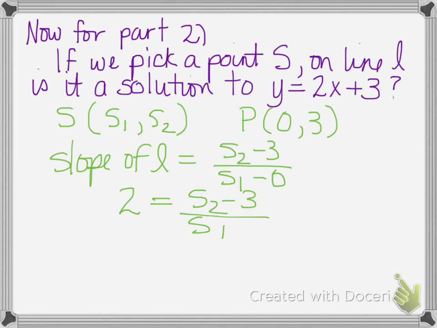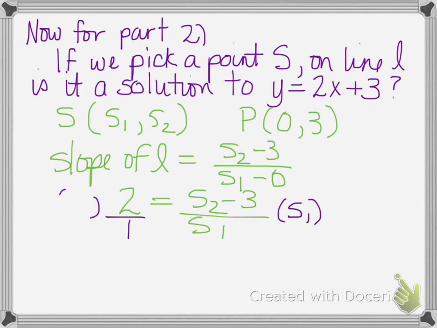Okay, and then if we cross multiply, let's do this in a different color here. I'm going to write this as 2 over 1, and then I can multiply across and get a new equation. Or I could think of this as just multiplying both sides by S1.